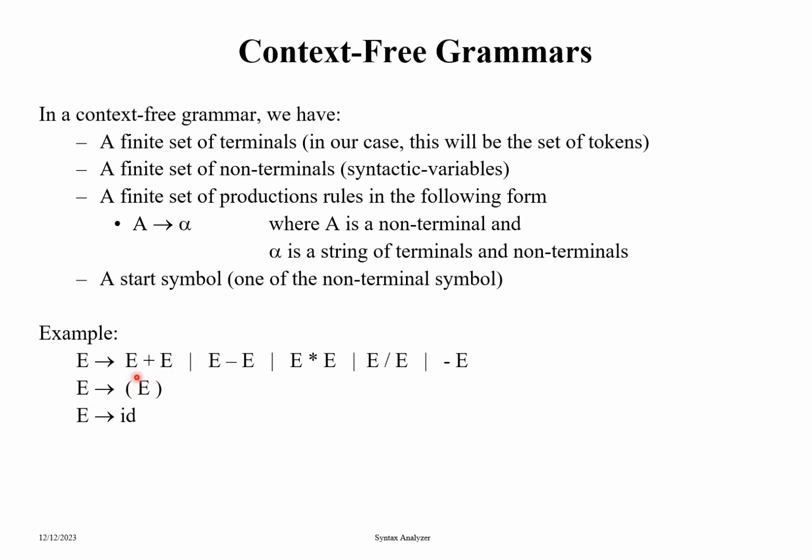E produces open brace E close brace, which includes the braces as terminals. E produces ID, and ID is a terminal. So it contains a set of terminals. The capital E is nothing but a non-terminal. So a context-free grammar includes a set of terminals, a set of non-terminals, a set of production rules, and a start symbol.